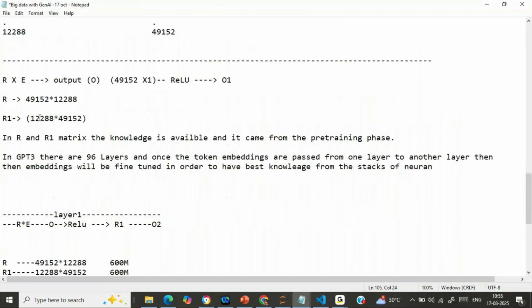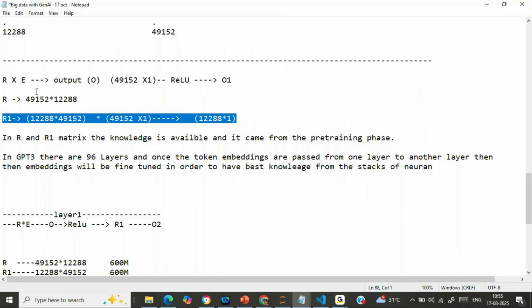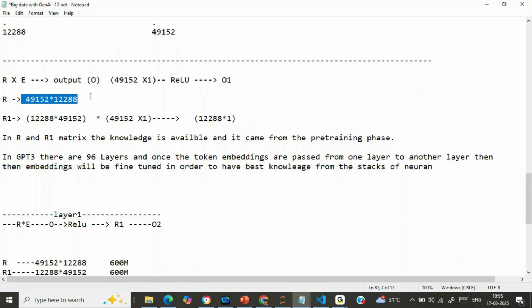And over here, once we have this particular matrix R1, it will be multiplied by this particular matrix, and in the response we will get 12,000 cross one. You can say this is the downward projection matrix, and the initial R is nothing but the upward projection, it is changing the projection.